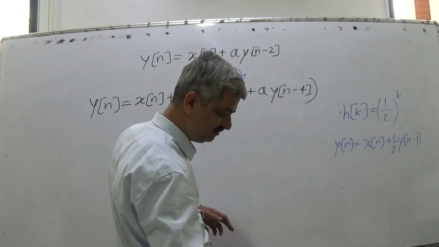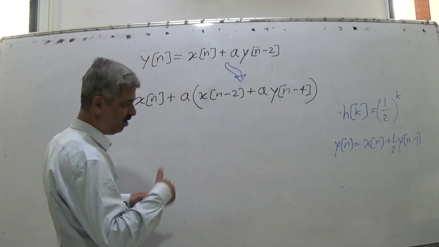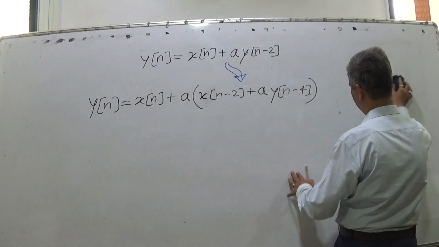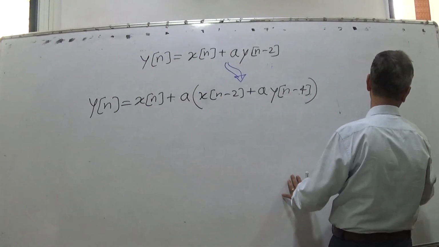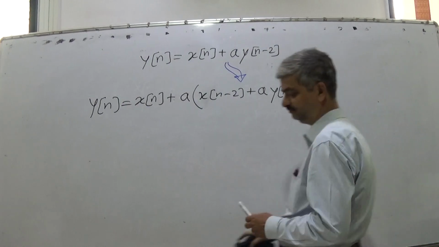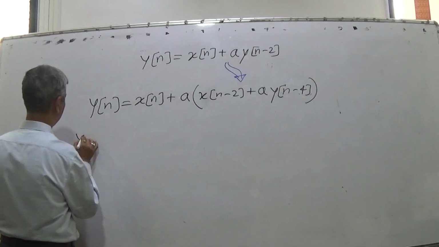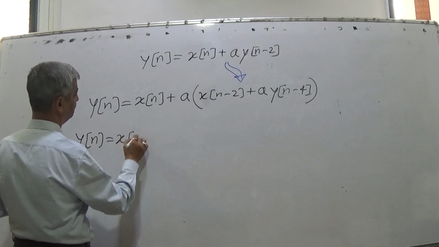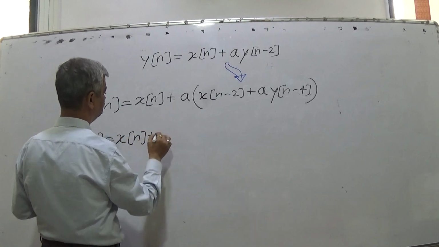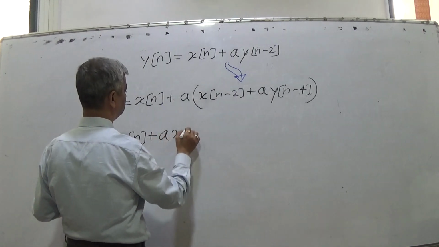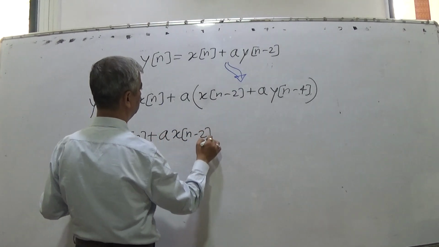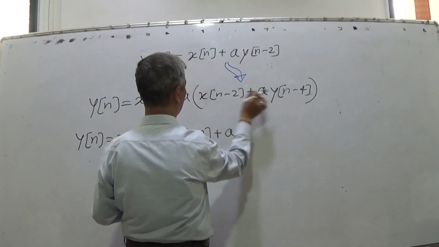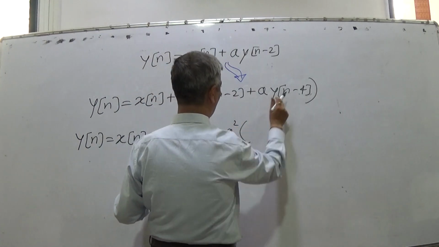Now we do it by common sense, just like the previous case, and then we do it by the classical theoretical method. Then yn is equal to xn plus a x of n minus 2, this I will express, plus a square into bracket y of n minus 4.